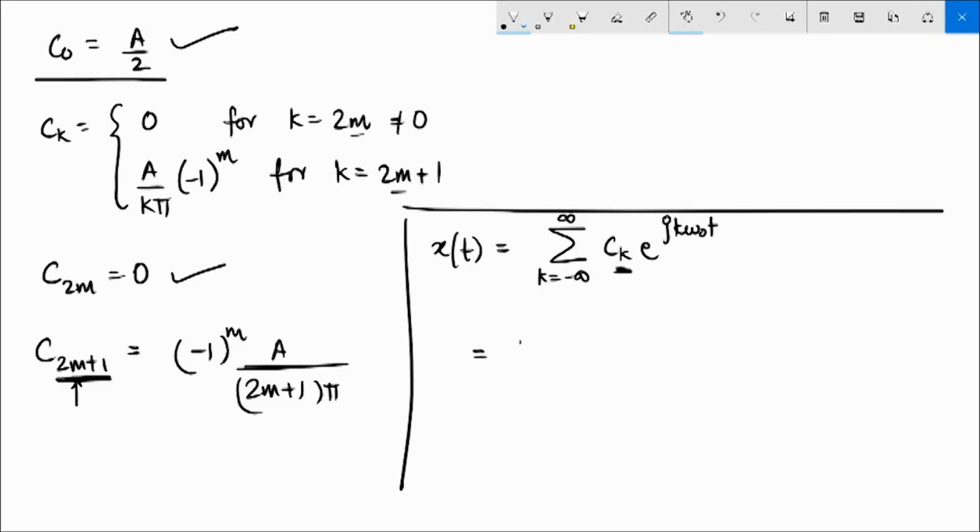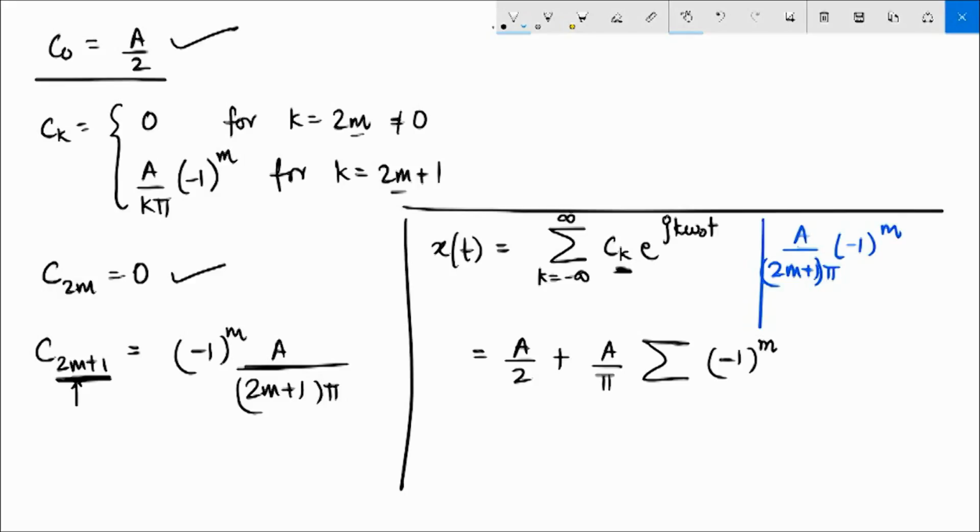So I can write this as c0 is a by 2 plus, note that I am trying to rewrite this term, a upon k pi minus 1 to the power m. That means instead of k I will have 2m plus 1 pi. This is the term. So this becomes a by pi as a constant outside, summation of minus 1 to the power m upon 2m plus 1, and all the odd harmonics, right?